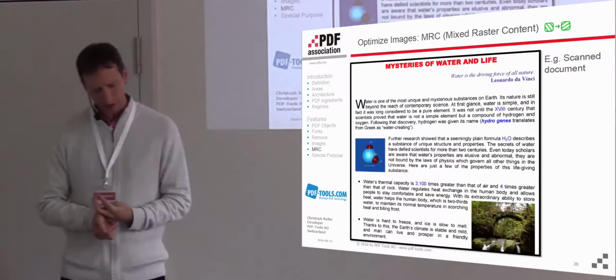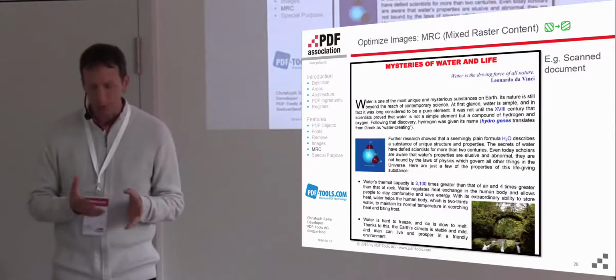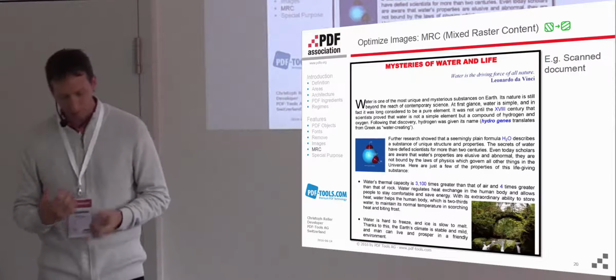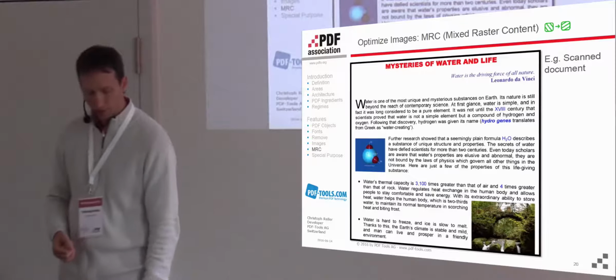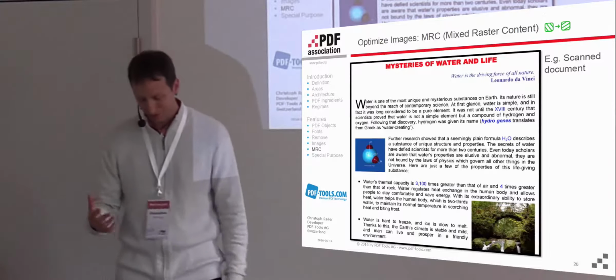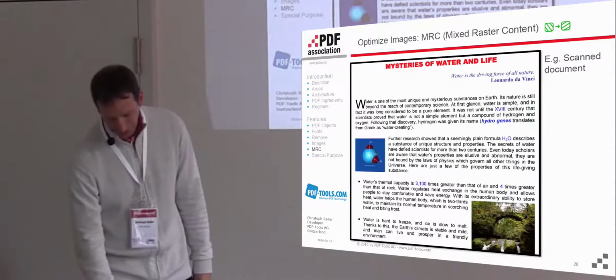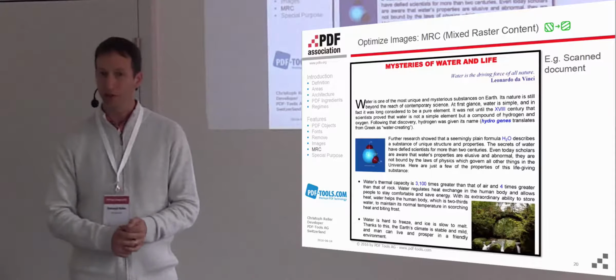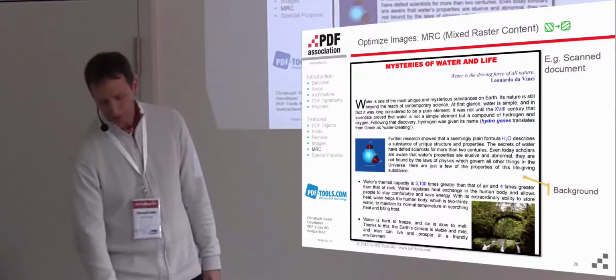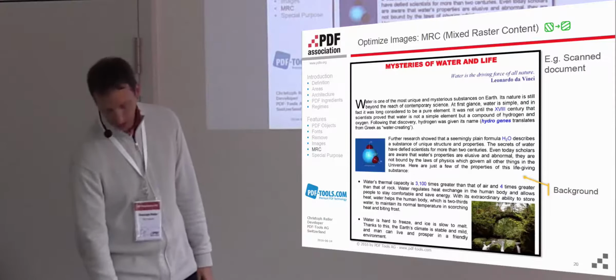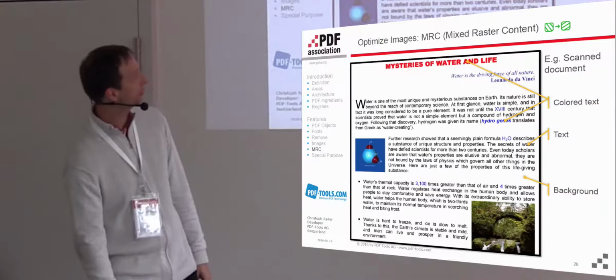And you ask yourself, how do I compress this in an optimal way, in the best way? We soon turn up with the idea of not using just one compression algorithm, but of partitioning the image into several features, let's say.